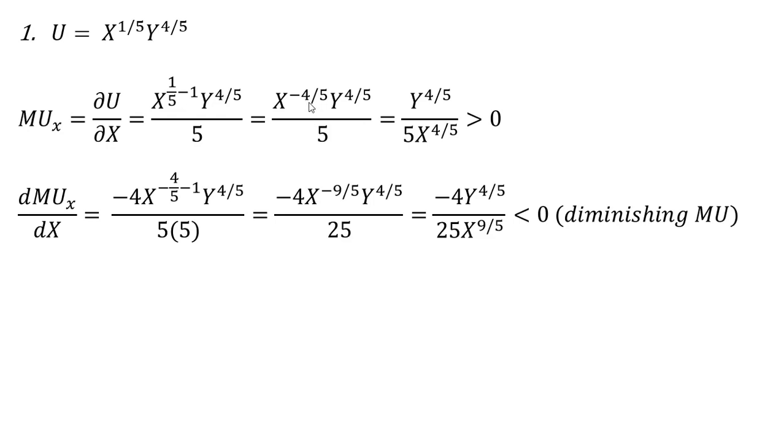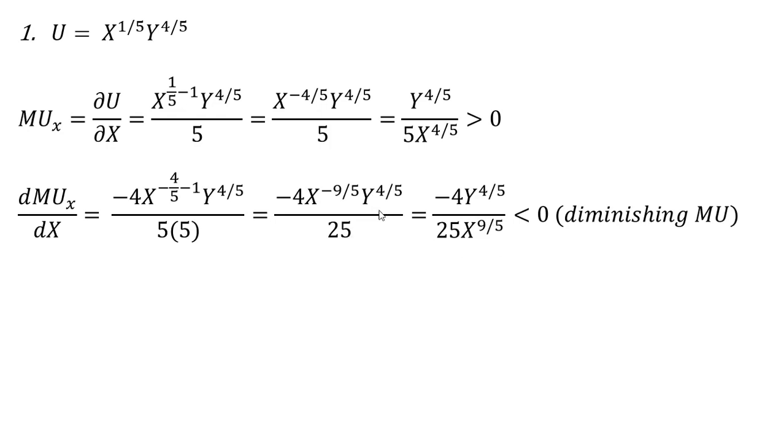So I'm going to bring down this minus 4/5 in front, and then minus 4/5 minus 1 over here in the exponent for x. And simplifying, we got minus 4x raised to the minus 9/5 power. That's also multiplied by this y term, and that's going to be all divided by 25.